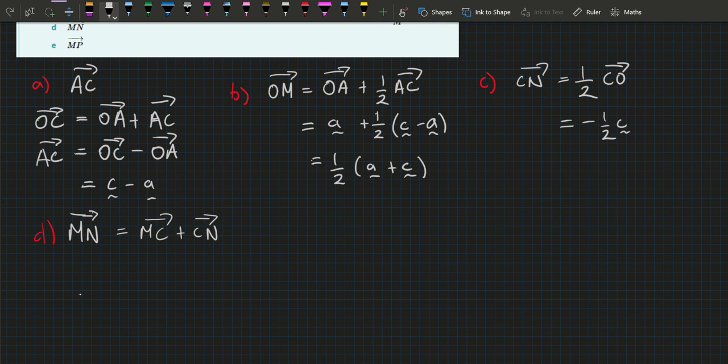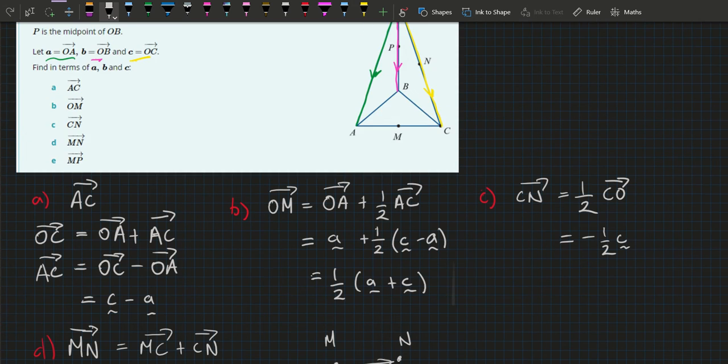If I was going to say M to N over here, so I've got my M, and I have an N over here, and we've got this third point O. So M to N is equal to, well, how do I write this?